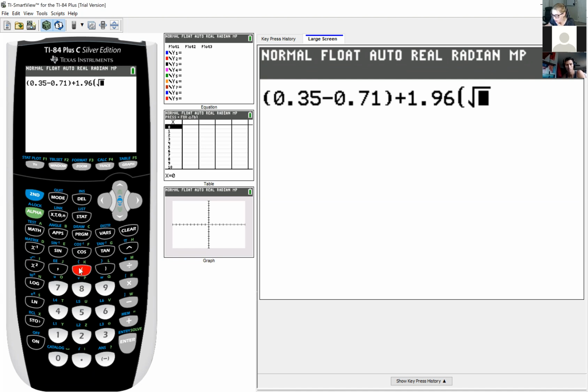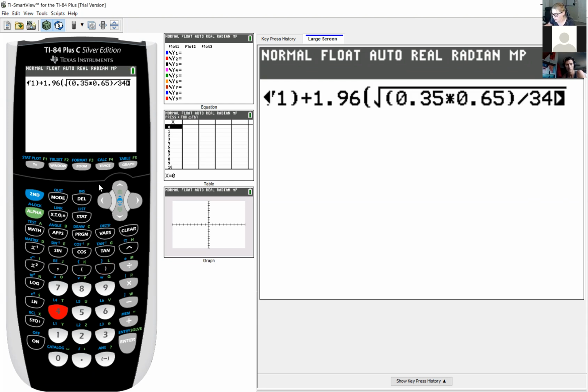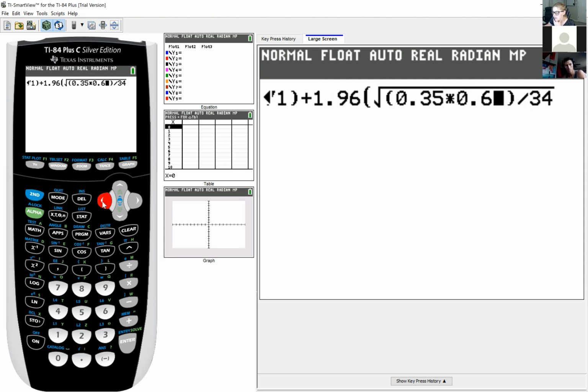Okay, I'm going to do parentheses then, and then 0.35, and we're multiplying that by 0.65. And then that is getting divided by 34. Honestly, I think you might need another set of parentheses because you don't have the fraction thing. So I'm going to put in another set to be super safe, because my calculator has a little fraction thing on it, so I don't have to do that.